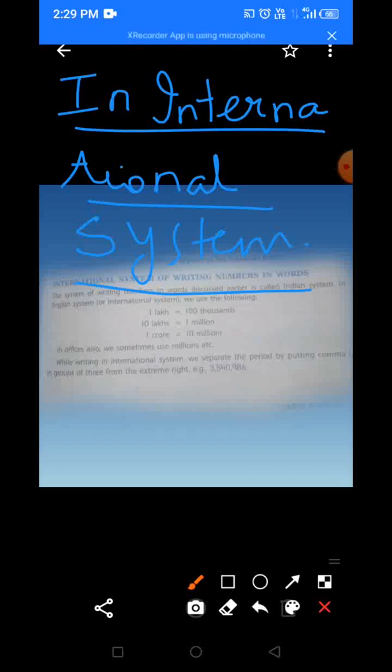Then you will write: lakhs become 100,000 here. 1 lakh becomes 100,000, 10 lakhs become 1 million, and 1 crore becomes 10 million. This you will write in your notebook. Okay, children? Very nice.